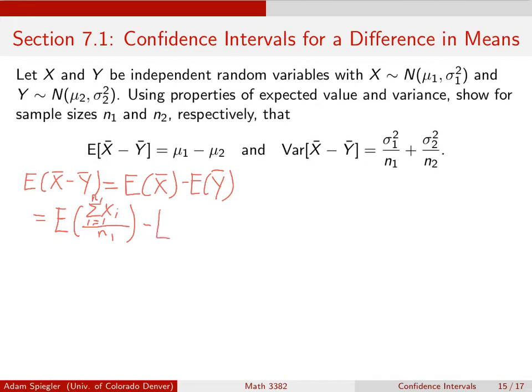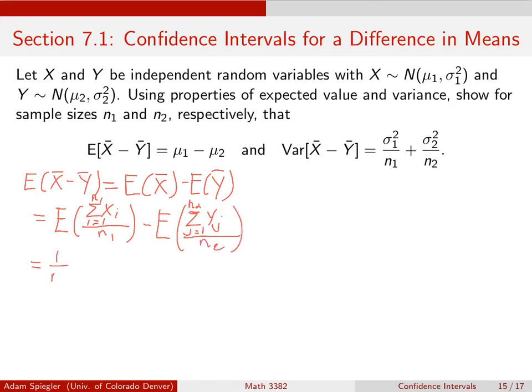And the expected value for y bar would similarly be the sum of all the yj's for j going from 1 up to n sub 2, and we're going to divide all of that by n2.